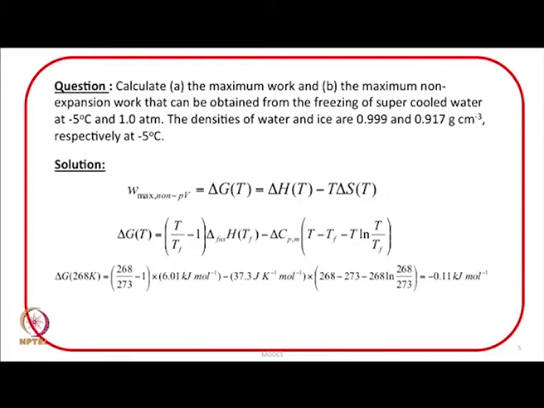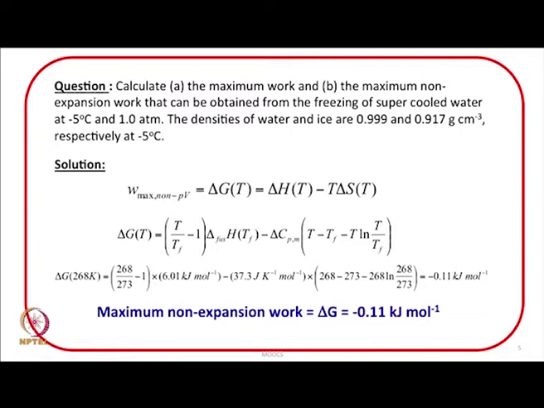So, let us now comment on this minus 0.11 kilojoules per mole. That is the maximum non-expansion work, because delta G is a measure of maximum non-expansion work, which is equal to minus 0.11 kilojoules per mole.